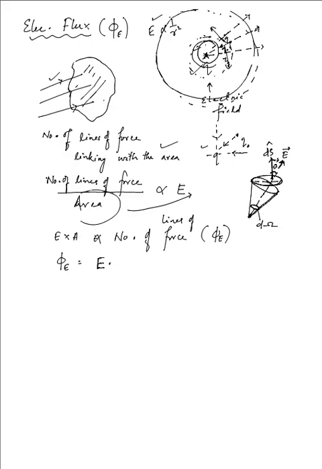And so from two vectors, what we obtain devoid of direction is the scalar product, that is the electric field dotted with the area vector dS.